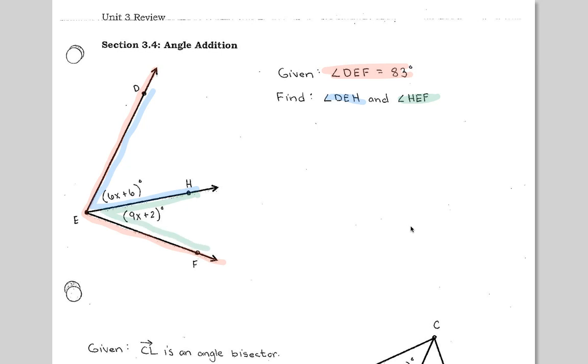So the blue and green together make the red. So I'm going to add those up. So DEH, which is 6x plus 6, plus that green angle, which is 9x plus 2, equals 83.